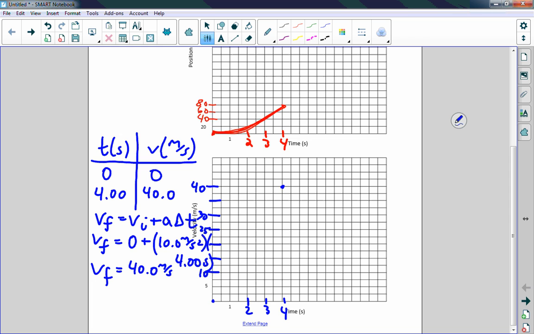Now the shape between these 2 points, we know this is a constant acceleration, meaning constant slope. So since the slope is just the number 10, I could very easily plot points here because I know it's going up 10, and this makes a line, right? So then whenever the position time graph is a parabola, the velocity time graph needs to be a diagonal line. Okay.